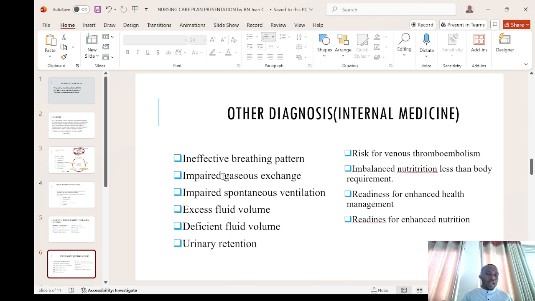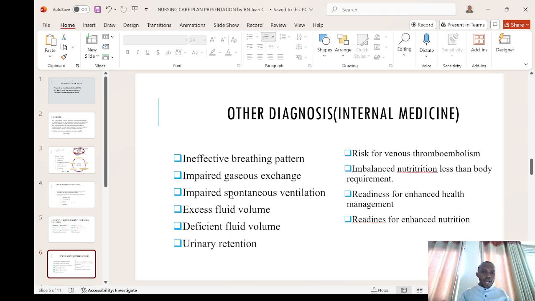When the carbon dioxide level is that high, we normally know that the normal range of carbon dioxide should be 35 to 45 when you are doing arterial blood gases. And when you find that it is above 45, it's becoming respiratory acidosis, and you will intervene accordingly. So this impaired gaseous exchange can be used.